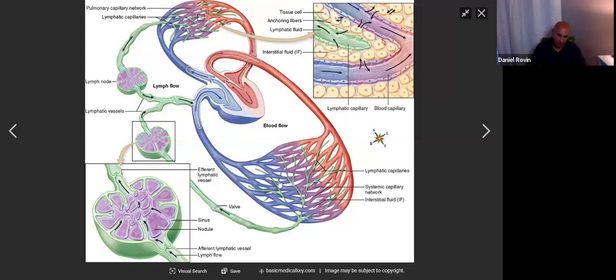The videos were saying about 90% of what comes out goes back in, leaving about 10% to accumulate. Well, that's where the lymphatics pick up.